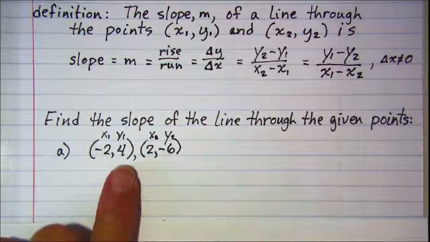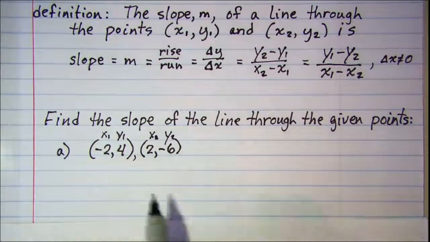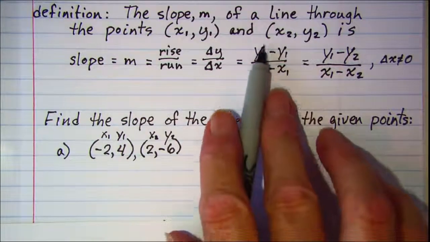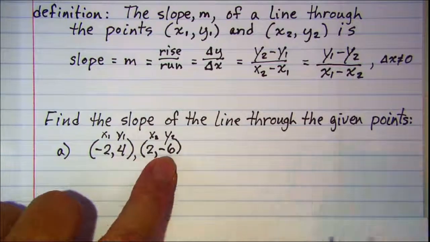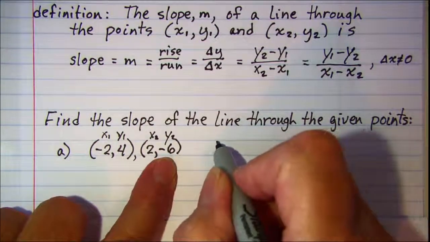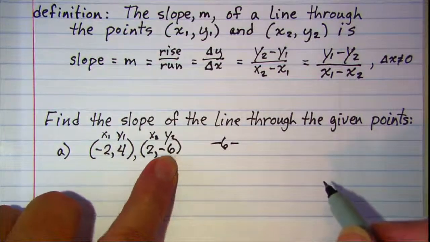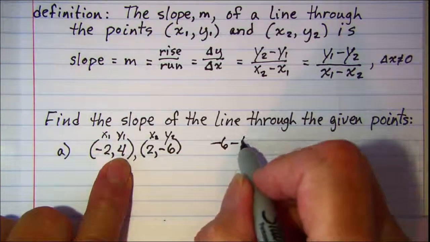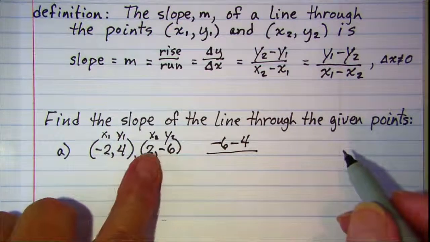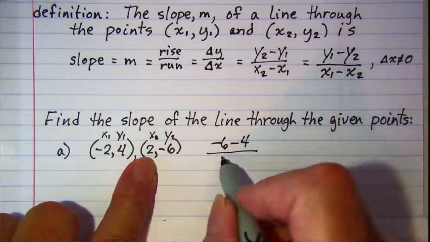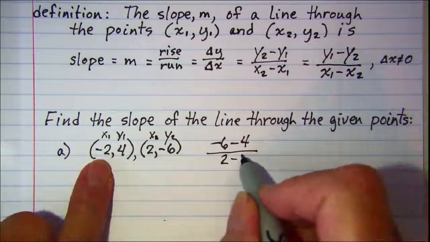And then all we have to do is put these numbers into our equation. So I'm going to use this first fraction. I'm going to grab y2, which is negative 6, and subtract from that y1, which is 4, divided by, and then I've got to come back to this point and grab my x2, which is 2, and subtract x1, which is negative 2.